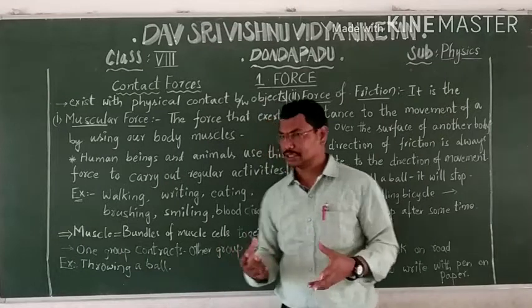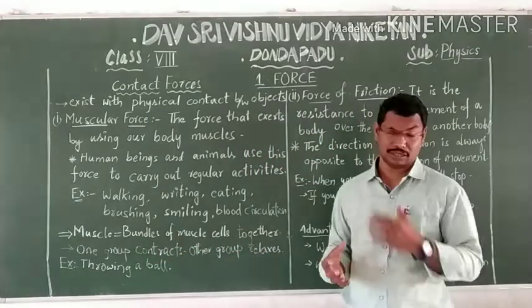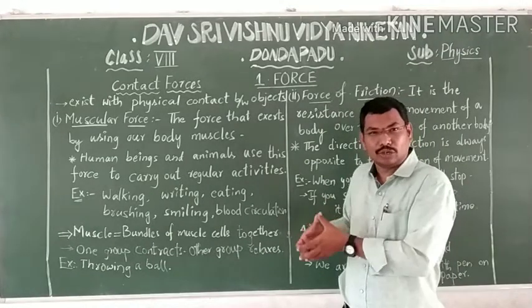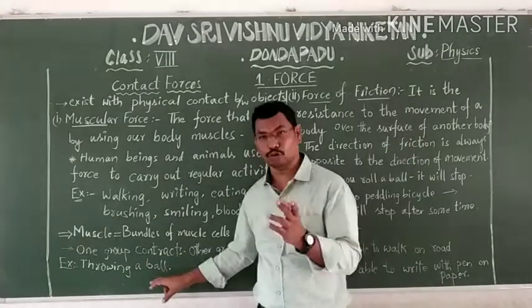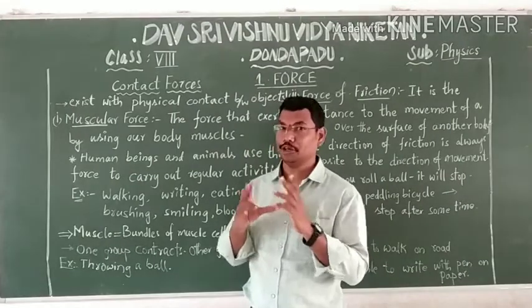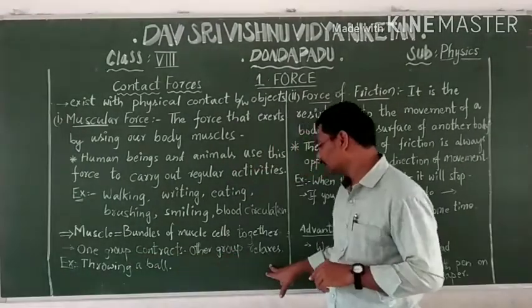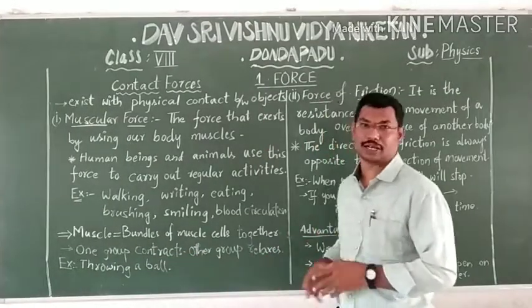Just a glimpse: a muscle is a bundle of muscle cells held together. They work in groups, and the muscles are divided into two groups. One group always contracts while the other relaxes. If one group relaxes, the other will contract.